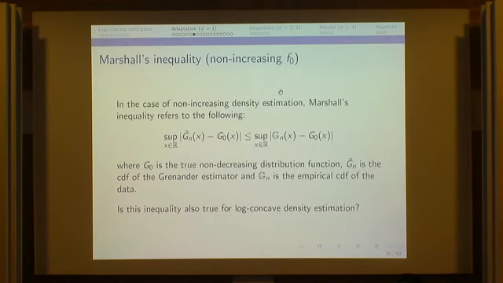The original Marshall's inequality was proved for the case where F0 is a non-increasing density. So this inequality is very simple.